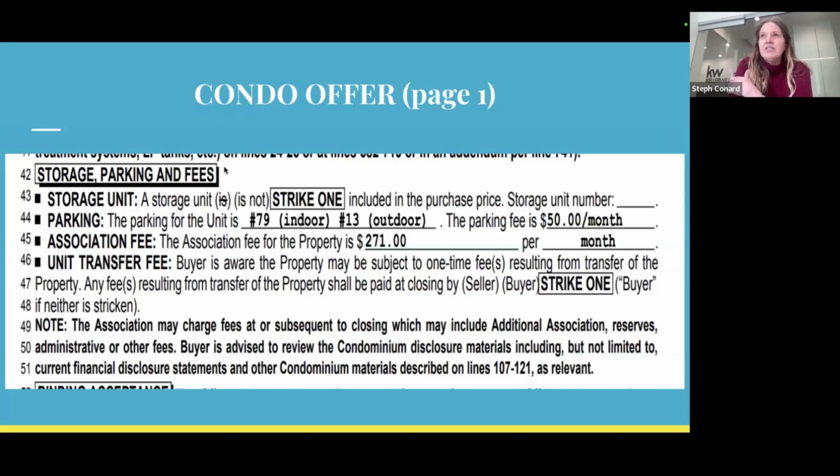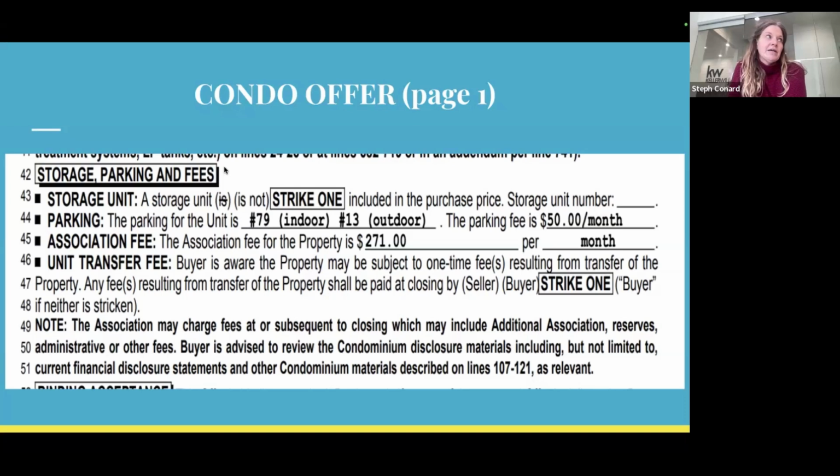We've fielded many questions where it's the week of closing and everyone is surprised by a transfer fee. Another checkpoint for that is that the title company is also working with the condo management company to figure out what those fees are, if there are any special assessments.